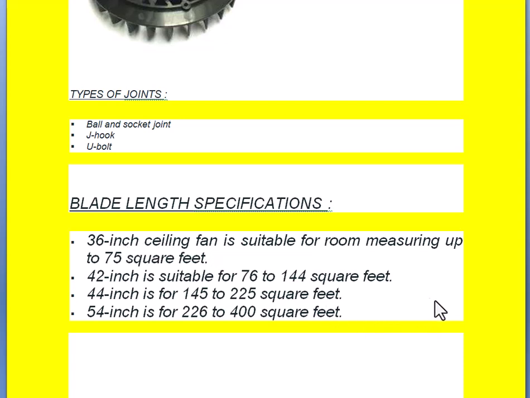A 42 inch blade is used for 76 to 144 square feet. Similarly, a 44 inch blade is used for 145 to 225 square feet, and then 54 inches is used for 226 to 400 square feet. So these are the standard lengths of the blades, or wings, used in the ceiling fan.